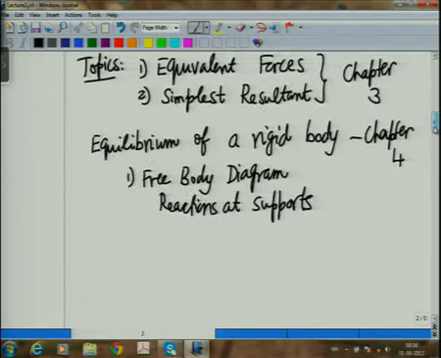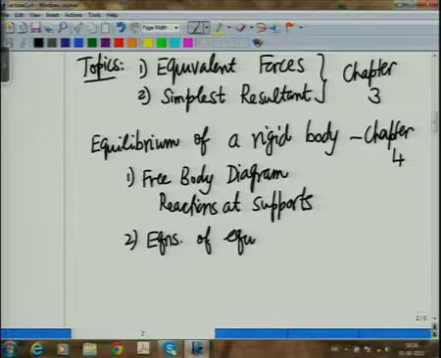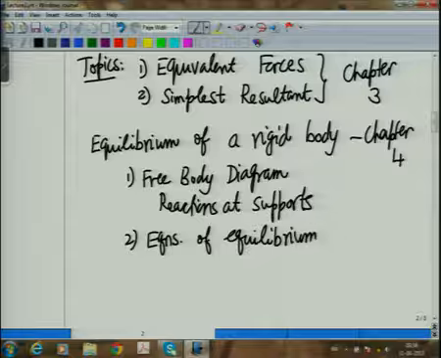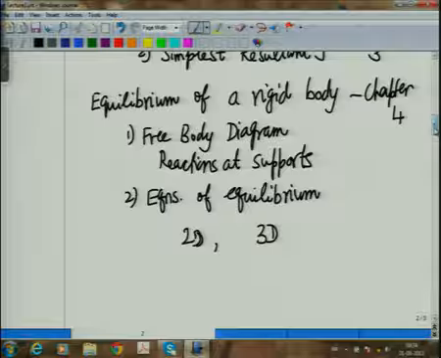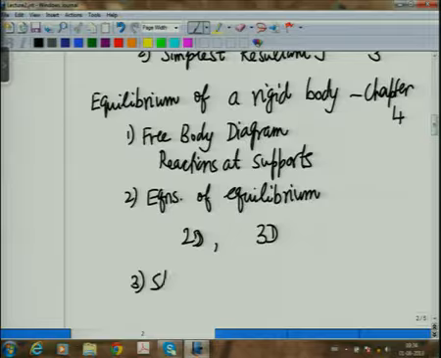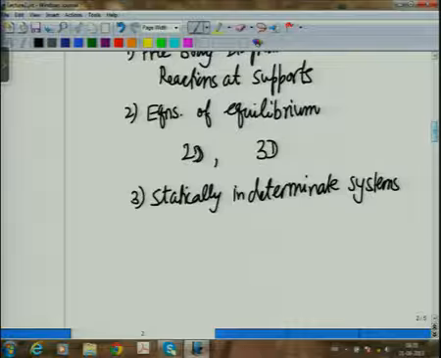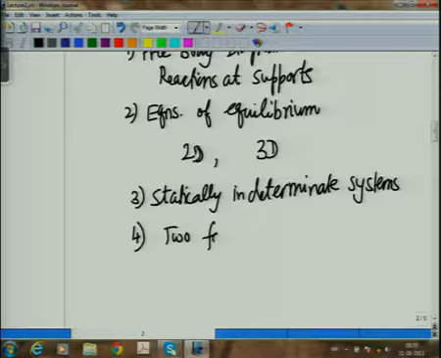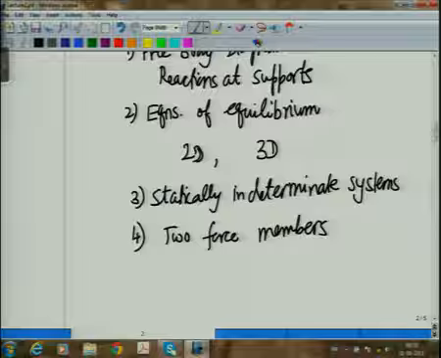That is the main thing which will be new. Then we will talk of equations of equilibrium, and these equations we will do in 2D as well as in 3D, and then we will talk of statically indeterminate systems, and finally we will talk of two force methods.